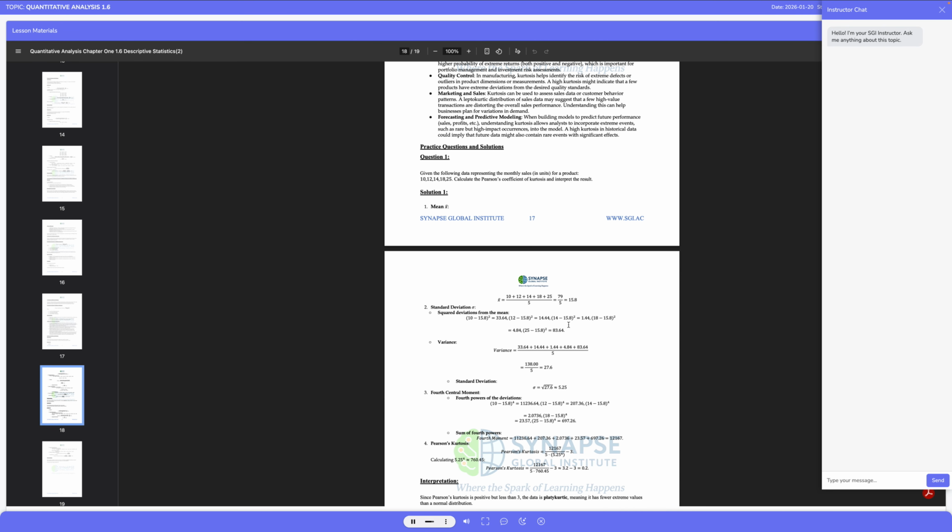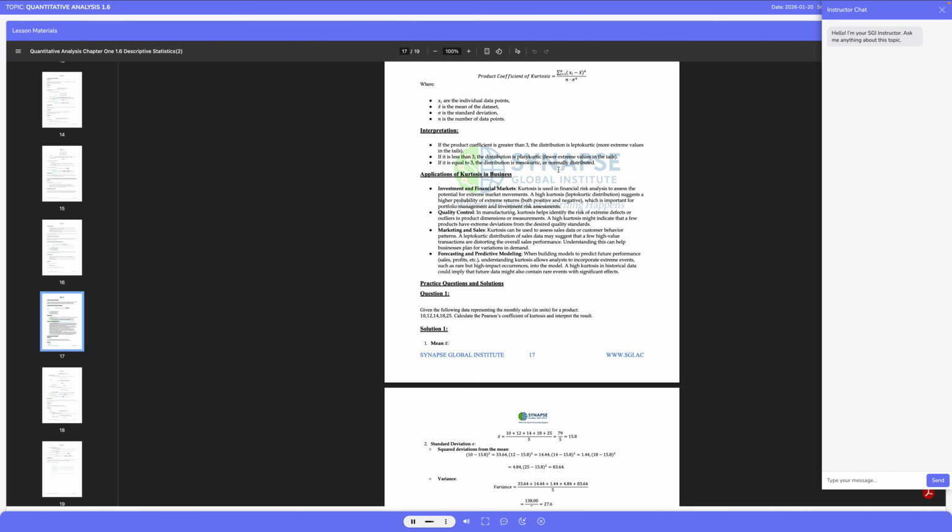This indicates a platykurtic distribution, meaning that extreme returns are less frequent than would be expected under a normal distribution. For a business or investor, this suggests relatively stable returns with a lower likelihood of extreme outcomes, although this conclusion should always be considered alongside other measures such as mean, standard deviation, and skewness.